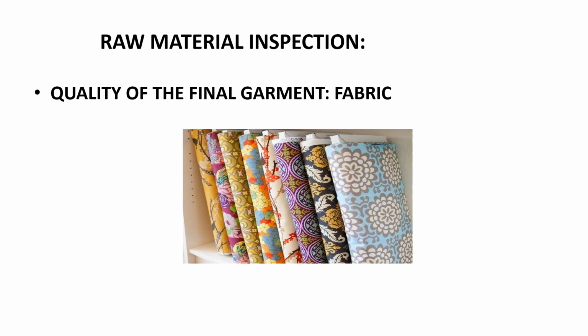The defects, as we have seen in the earlier lessons, are classified, and we take such defects into account while the inspection of the fabric is on. We have to be very careful, students, because the quality of the final garment will depend mostly on the quality of the fabric. That's why you have to be very careful.